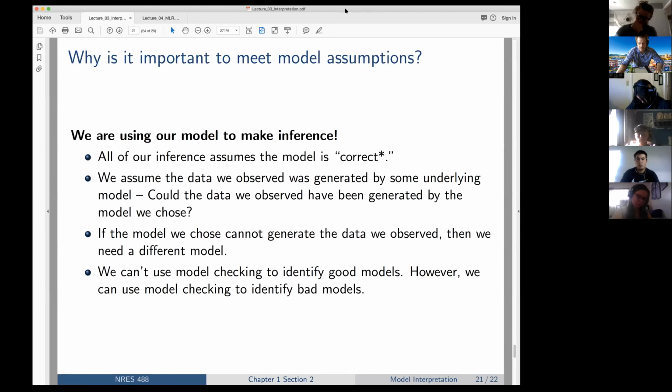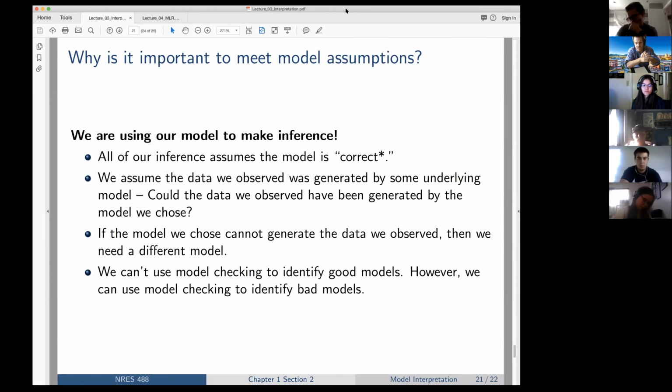All right, so last slide here. Why is it important to meet these model assumptions? Why do we have to check our model assumptions? It's because we are using our model fit to our data to make inference, to say something about the population. All of our inference assumes that the model is, quote, correct, unquote.